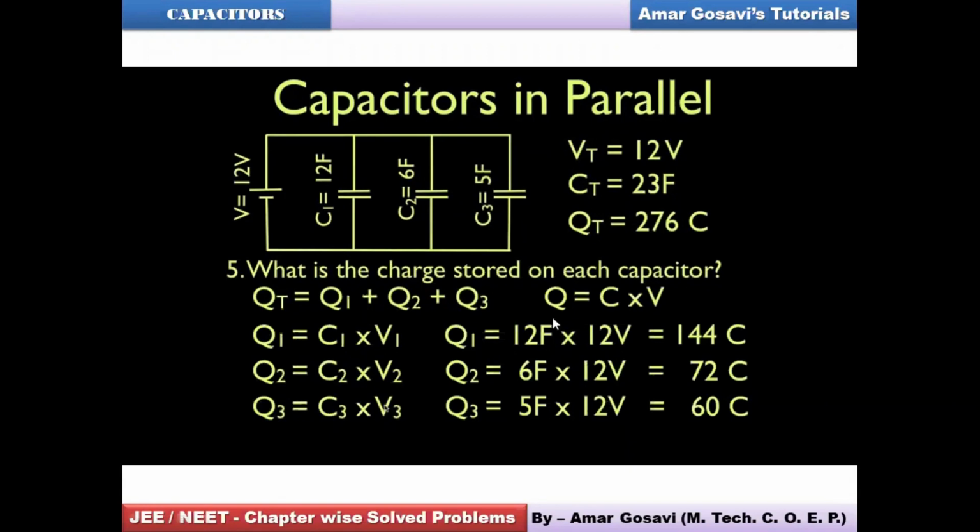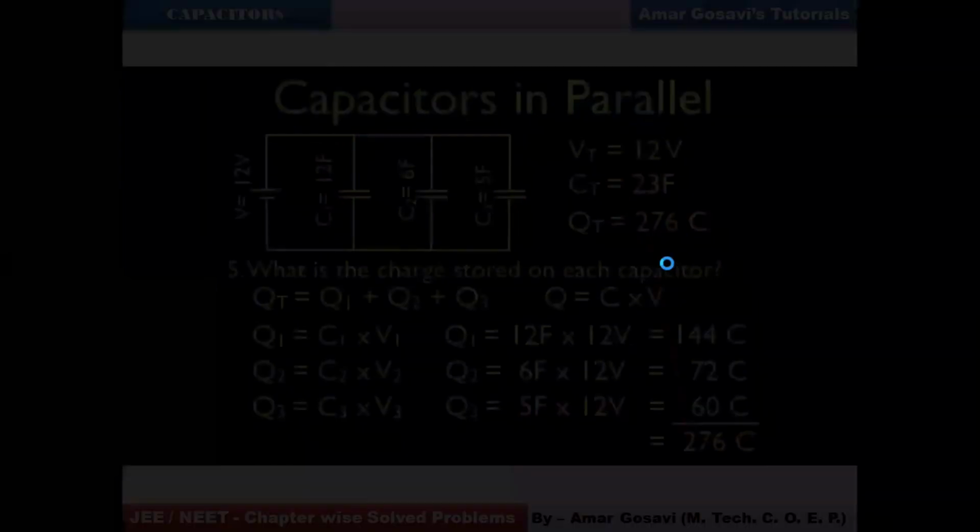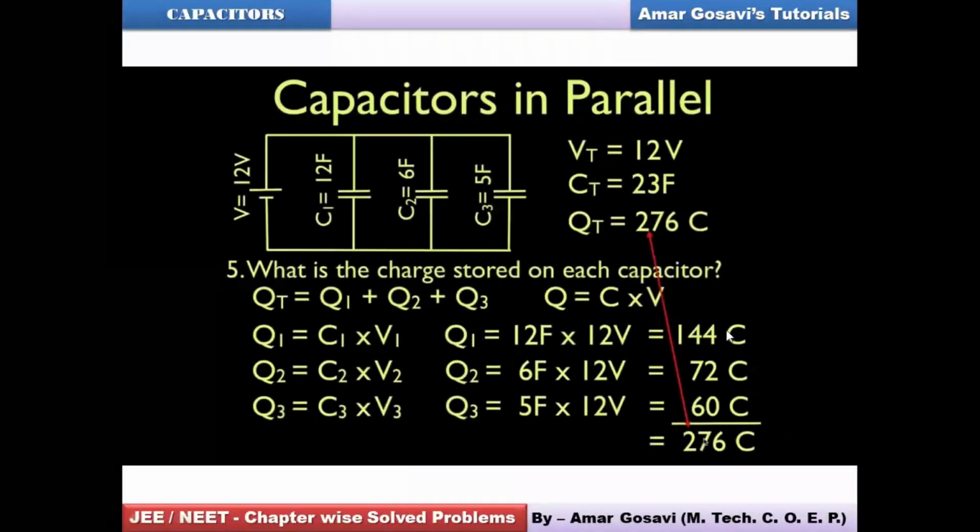Only the capacitance changes. So Q1, Q2, Q3 would be 144, 72, and 60 coulomb. Together you add them, you get total charge equal to 276 coulomb. This is how the charges get distributed across capacitors in parallel. Please make a note of it.